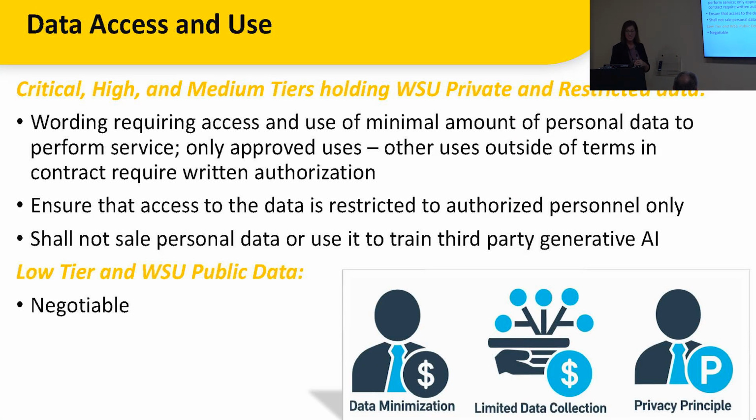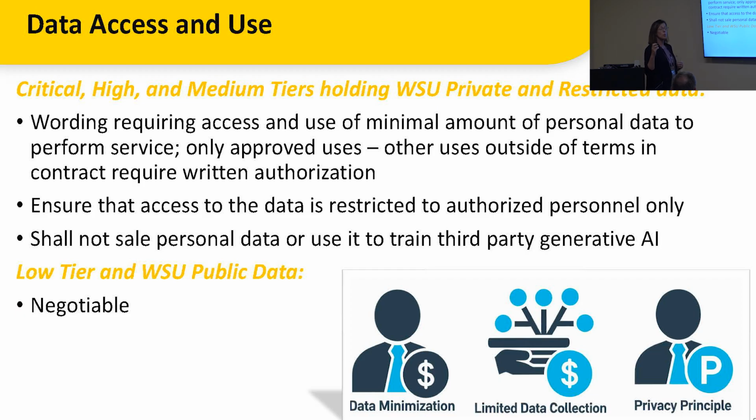For data access and use in the contract, for those critical, high, and medium vendors, we want wording that requires access and use of a minimal amount of personal data to perform the service. We want them only to be using our data per the services that are approved via the contract.